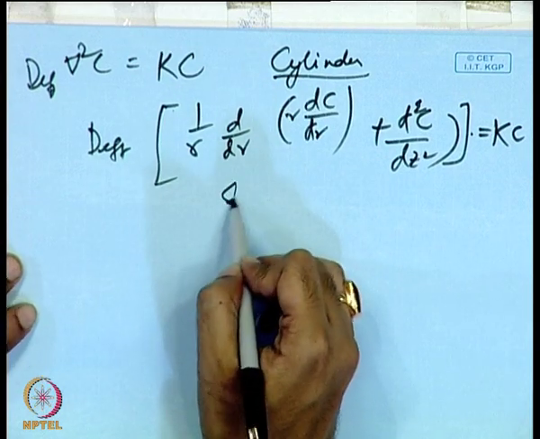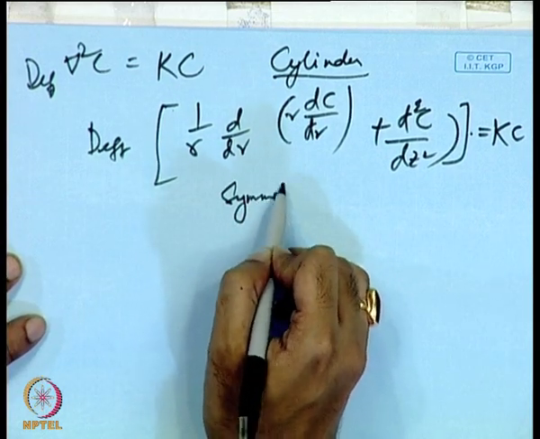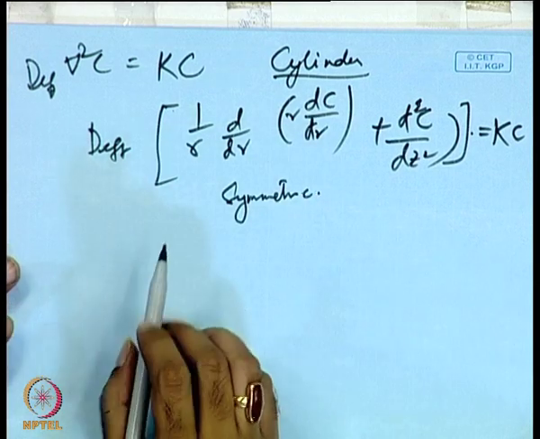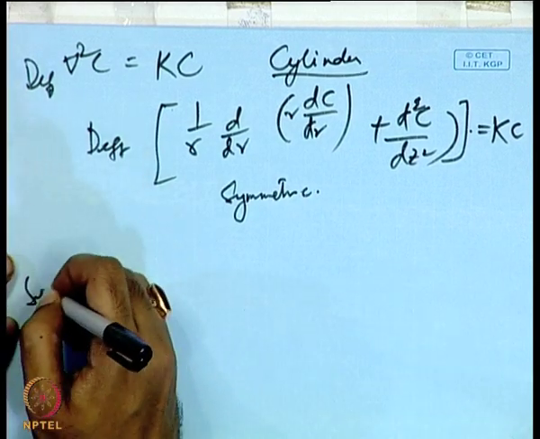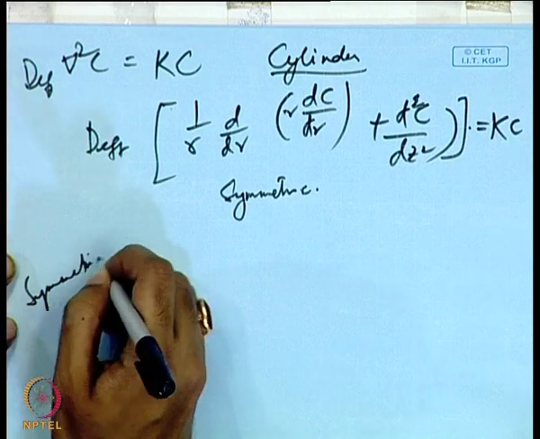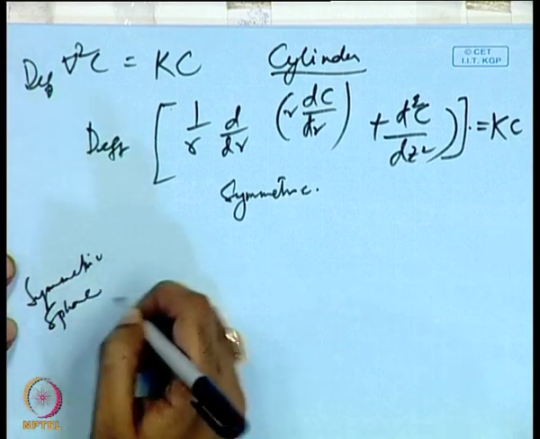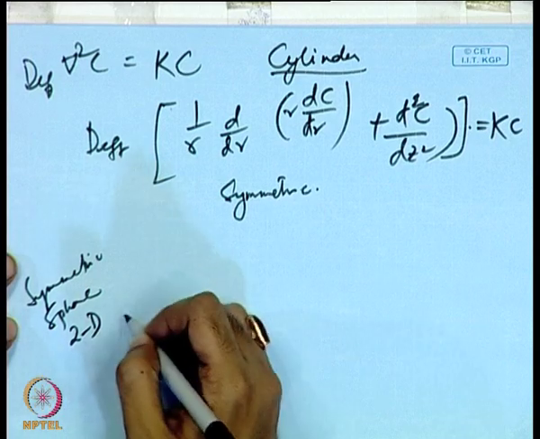This is for a symmetric cylinder. Now, if I ask you for a symmetric sphere, can you write the 2D model? What would that be?